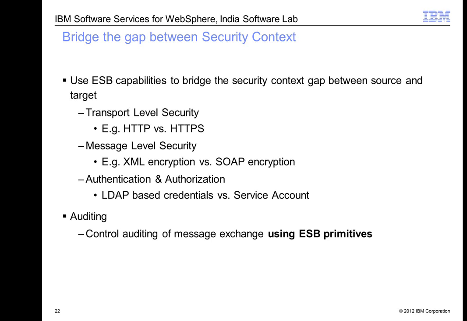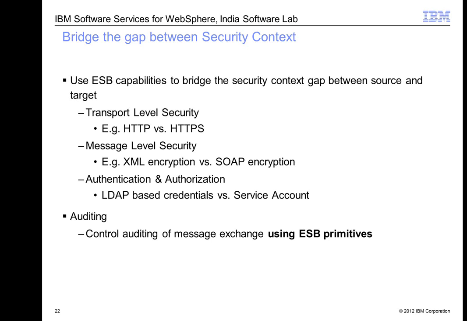And A says, you know what, I don't know all the employees in your organization and I don't understand what they can or cannot do. So there's a gap again. The provider is expecting a specific service account, whereas the requester has some other kind of credentials, which could typically be LDAP based. So these kinds of gaps can also be bridged by using the correct primitives and the capabilities of a good enterprise service bus.